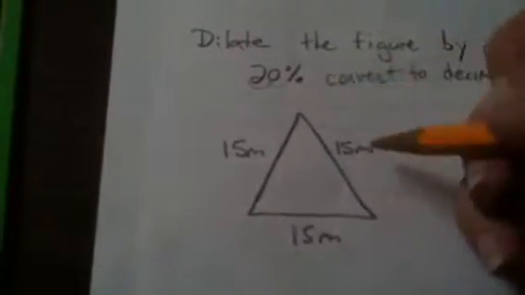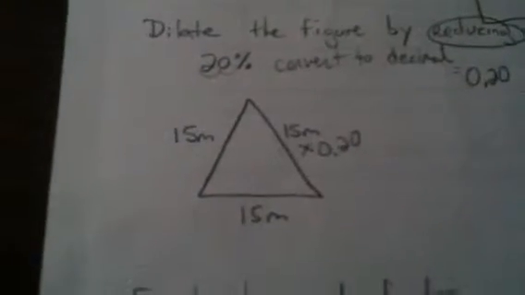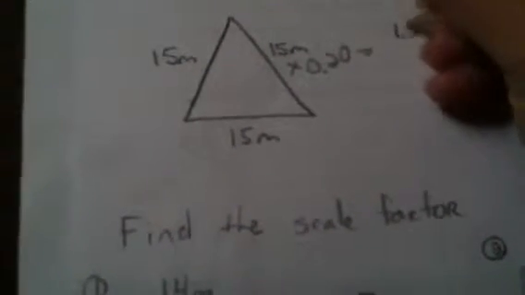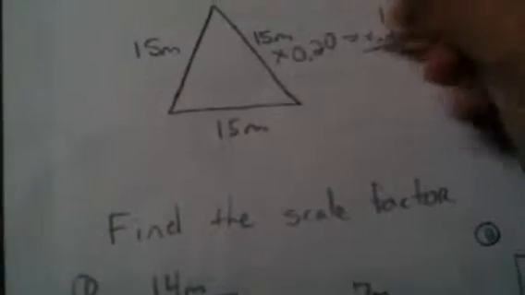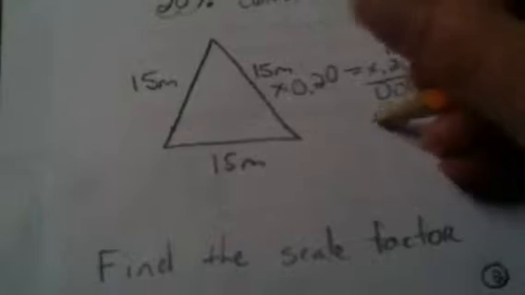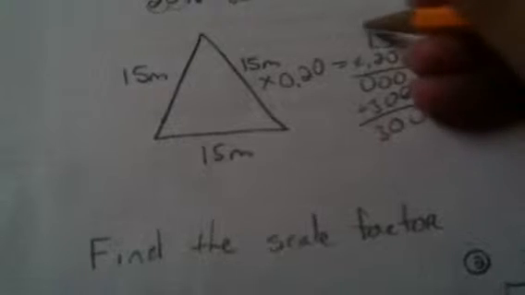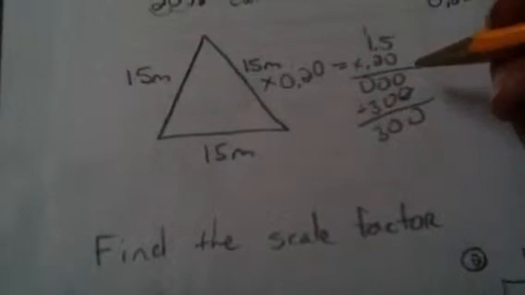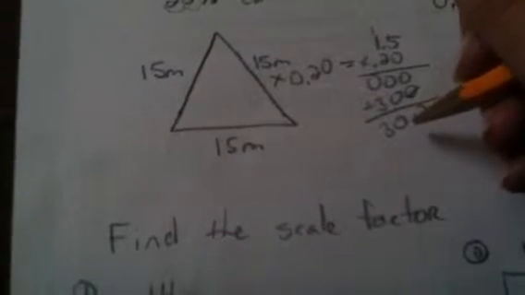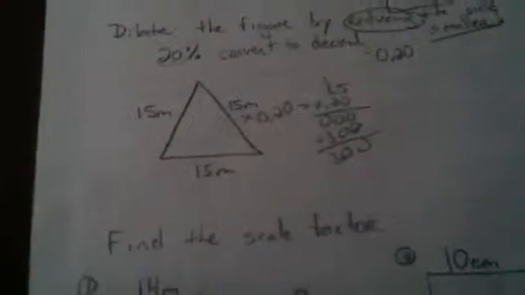All right, so I need to take this and multiply it by my decimal. And when I multiply 1.5 times 0.20, I create my placeholder, and I get 3.